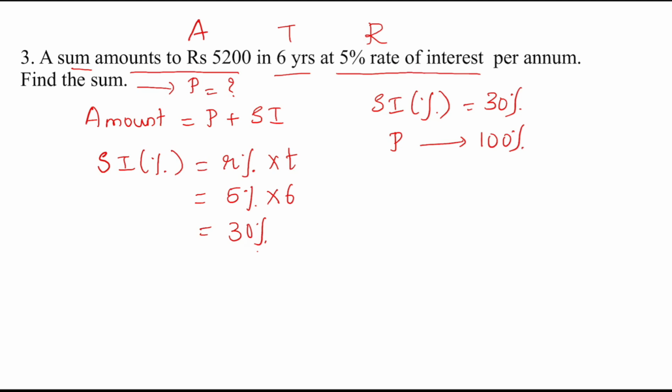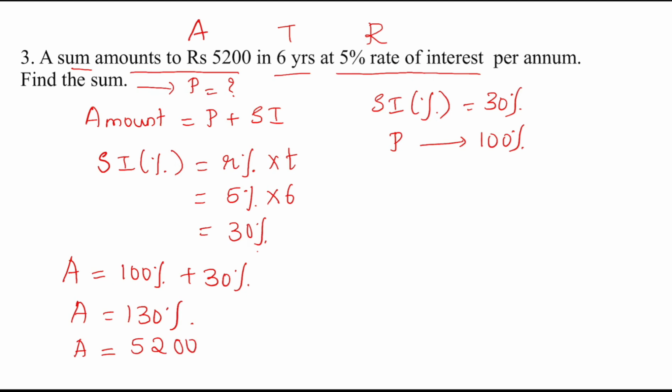And we always know that principal is 100%, isn't it? So amount is principal plus SI, meaning 100% plus 30%, which is 130%. But we know amount in terms of rupees also, it is 5200.